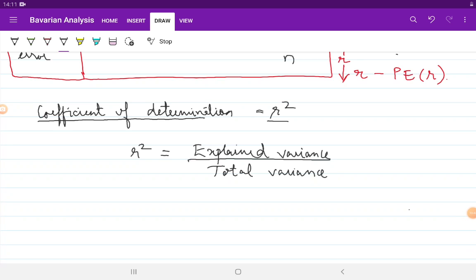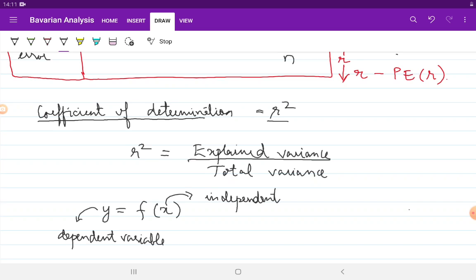Again, this concept will make more sense to you when we discuss regression analysis. In regression analysis, we say that the variable y is being explained by variations in variable x. So r square, or the coefficient of determination, gives us an idea about how much of the variations in the variable y, the dependent variable, can be explained. Remember, when you express y as a function of x, y is called your dependent variable and x is called the independent variable.